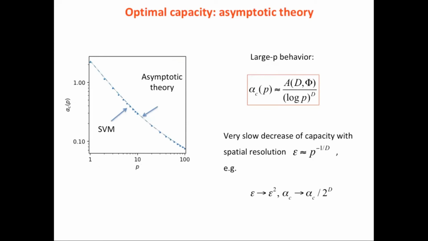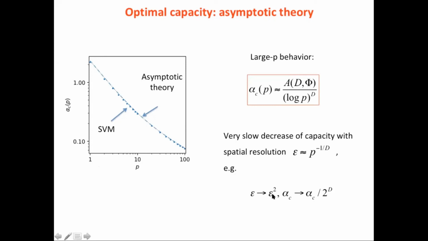So what does that mean? Remember that the spatial resolution on your manifold scales as P to the minus 1 over D. So alpha C decreases as the absolute value of log epsilon, the spatial resolution, to the minus D. Suppose you have some resolution epsilon of 10 to the minus 3, and you say 10 to the minus 3 is not good enough, I want 10 to the minus 6 compared to the unit width of my space.